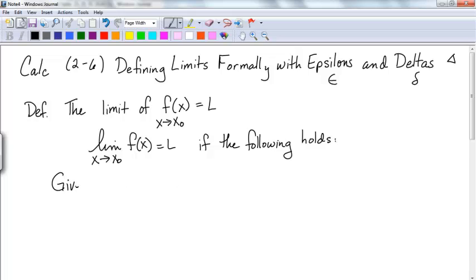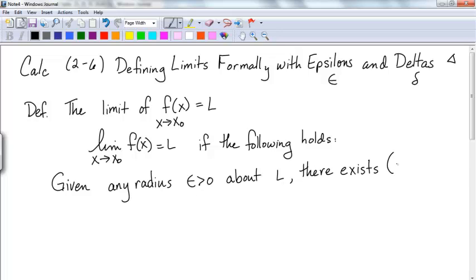Given any radius epsilon greater than 0, that means your epsilon's positive, about L, there exists, and in upper level math, for there exists, they're going to use a backwards E. There exists a radius delta greater than 0 about x sub 0.